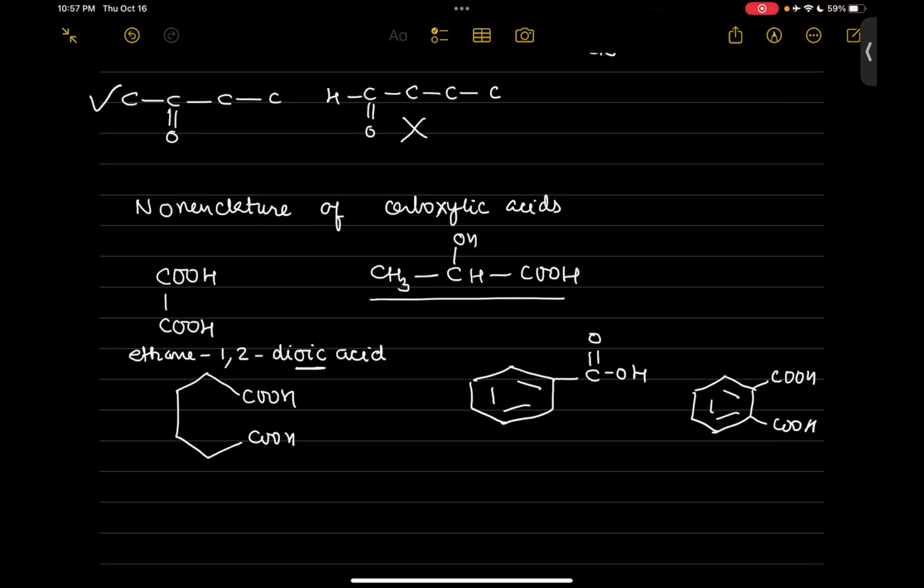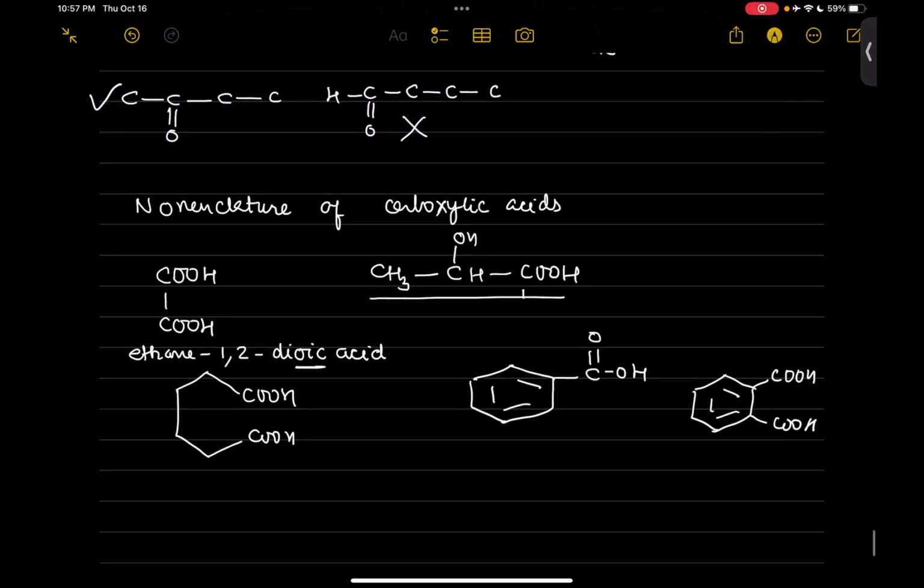It is lactic acid, and this is 1, 2, 3. Propanoic acid. So 2-hydroxypropanoic acid. Is it clear? This is commonly known by the name of lactic acid. Getting my point or not? Is it clear?